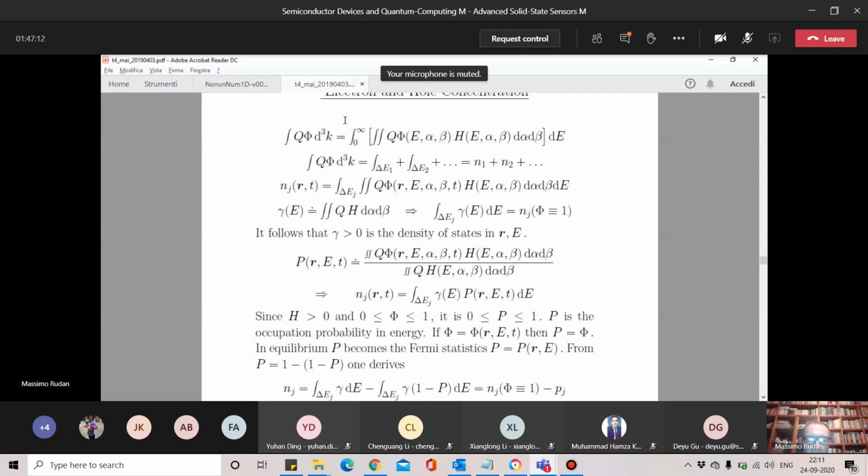So in the integral, you consider phi equal to 1 for a moment. And you are left with the integral over delta Ej of the quantity gamma written here. Obviously, gamma is the integral of Q times H over alpha and beta, because phi, by hypothesis, in this band is equal to 1.